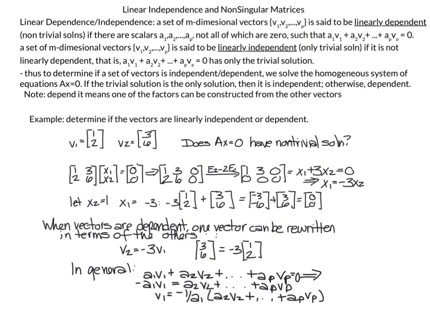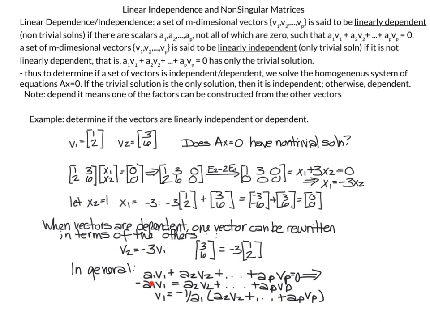But the ones that aren't 0, the ones that are left, we can then solve for any of them in terms of the other vectors. So for example, if we wanted to solve for v1, we can subtract a1v1 from both sides of this equation, so we get negative a1v1 on this side, and on the other side we have a2v2 plus ... apvp.